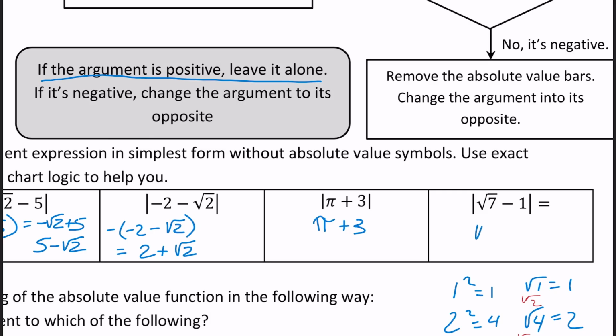The correct answer here is the square root of 7 minus 1. Why? Because the argument is positive, leave it alone. So if the argument is positive, the absolute value is the same as the original expression.